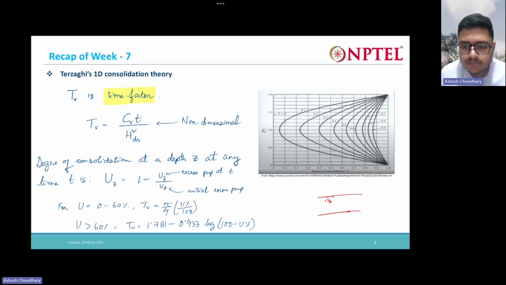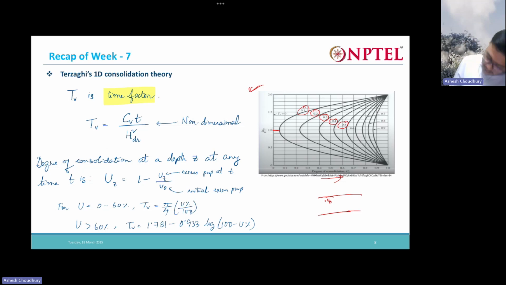Now, if you see this graph, you have z by Hdr on one side and the degree of consolidation on the other side. The time factors are marked here, and the time factors actually relate to the time.